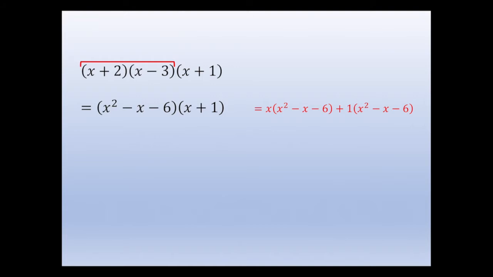If you like, you can write it out this way, which is x multiplied into x squared minus x minus 6, plus 1 multiplied into x squared minus x minus 6. Once you have done that and expanded it, you should collect like terms, and this is what you end up with, which is a cubic function.